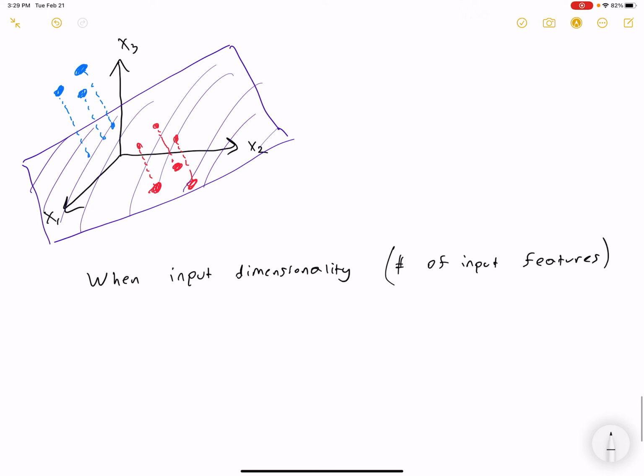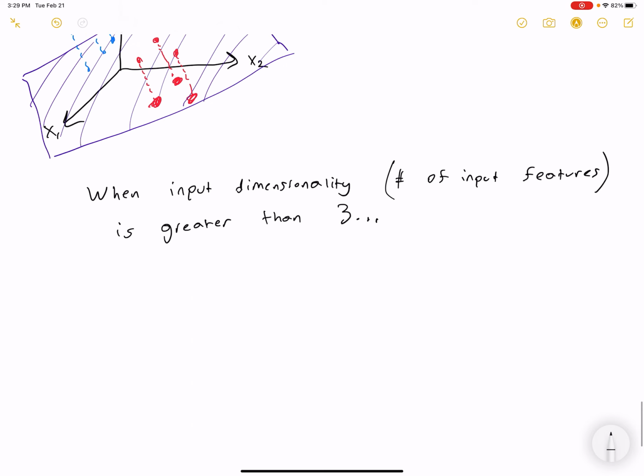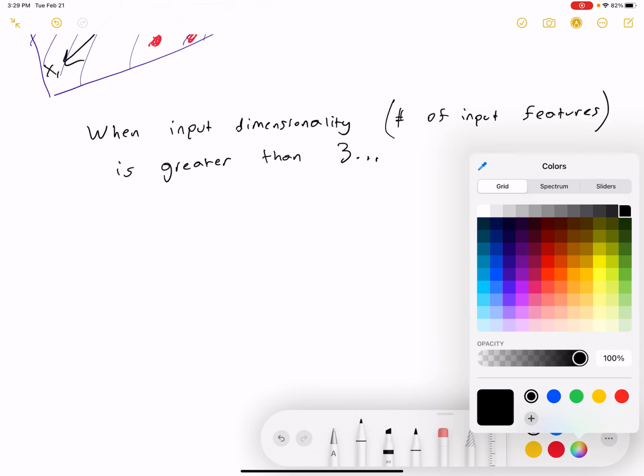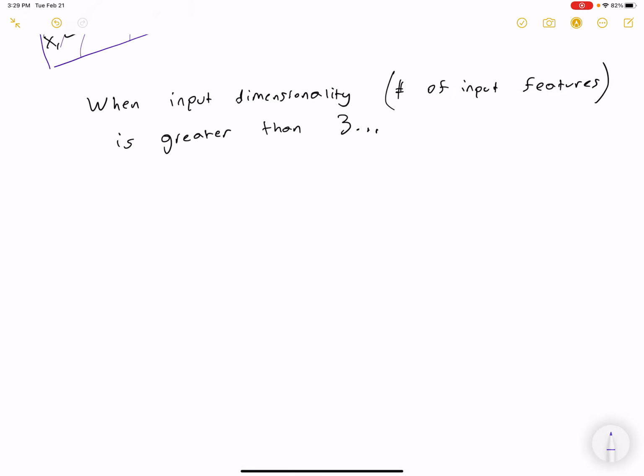I think you all already know that. Is greater than 3. Then what we learn is the same concept, a linear shape, but a linear shape in many dimensions. And the generalization of a plane is a hyperplane. So a hyperplane is a plane in many dimensions.